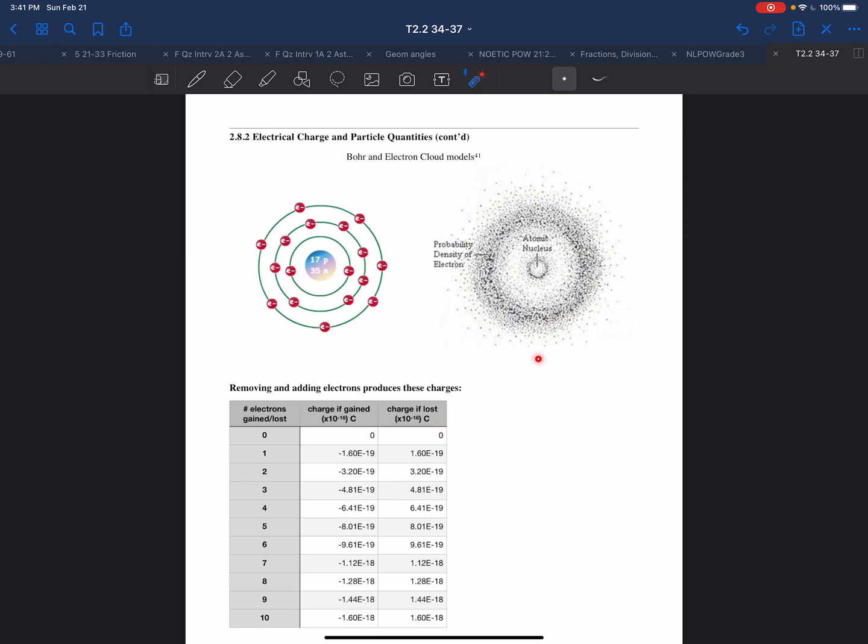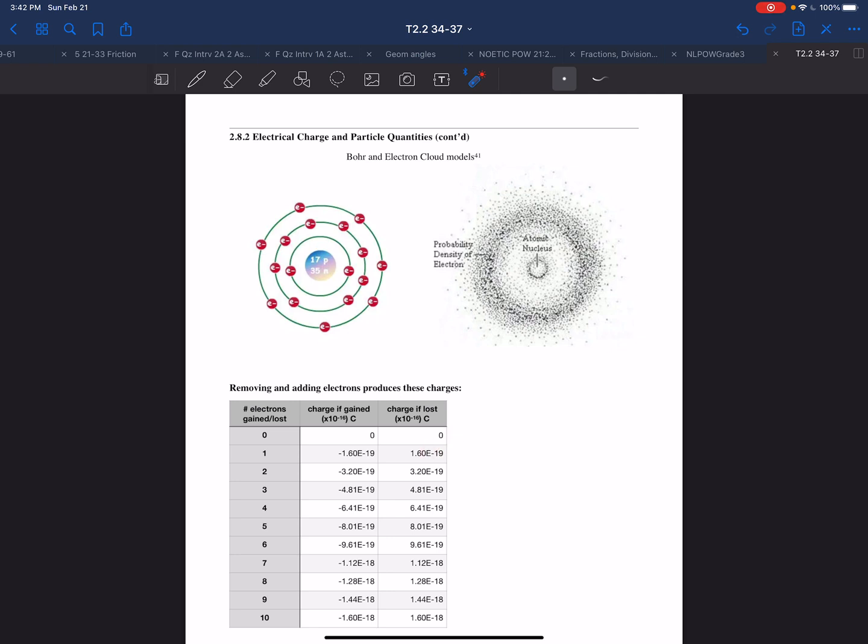So now if we pull one electron out, the charge on this atom, if we pull one electron out, the charge that we have in our hands is minus 1.6 times 10 to the minus 19th. Oh, excuse me, if we put an electron in, the charge would become negative. Negative to the tune of 1 elementary, 1.6 times 10 to the minus 19th. And if we pulled one out, the atom would now have a charge of positive 1.6.